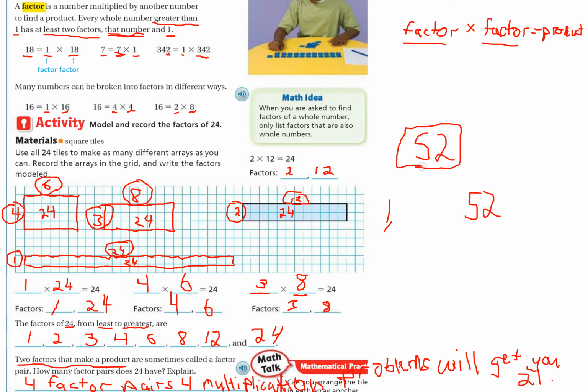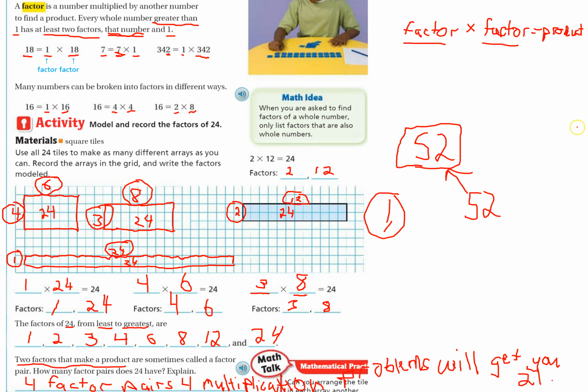Okay, the biggest number, whenever you're factoring any number, 52, 47, 39, any number, the biggest factor will be the number itself, and the smallest factor will always be 1. And then there may be factors in between as well, but there'll never be anything smaller than 1, and 1 will always be a factor, and there'll never be anything bigger than the number that you're factoring.